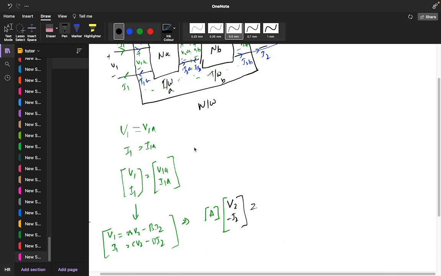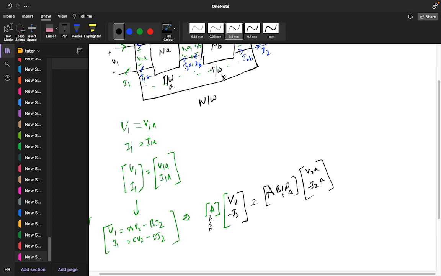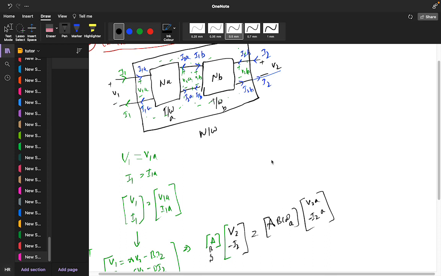So if you have V1, I1A, you will get equations like this: the ABCD parameter of a network multiplied with V2A and minus I2A, right? And you see, this V2A is equal to what?